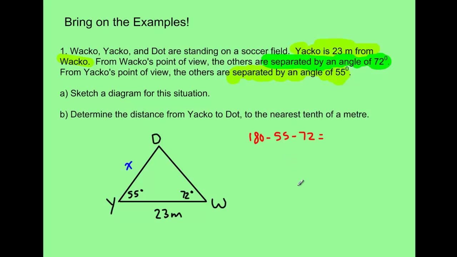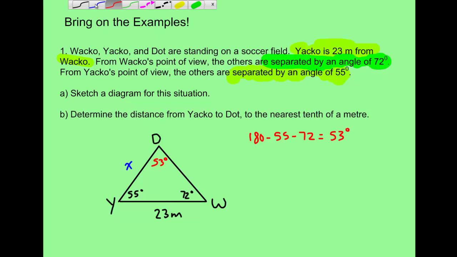So 180 minus 127, we've got 53 degrees. So that's what D is going to be, 53 degrees. Okay, now what do we have? Now that I have this angle and a side, I have a side angle corresponding pair, so I can use sine law.